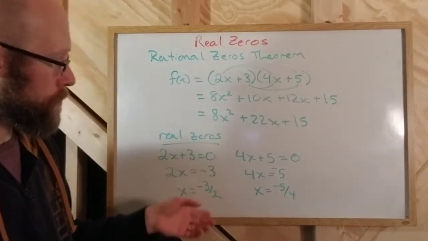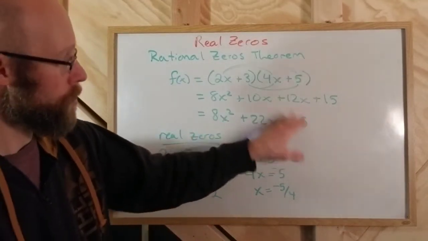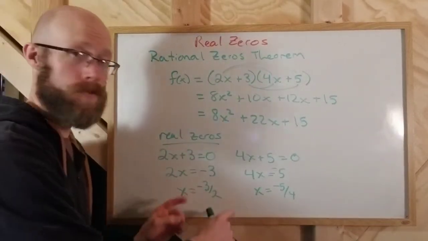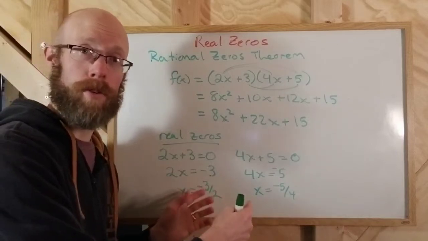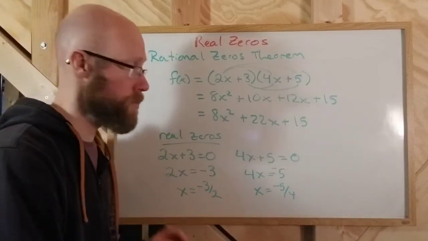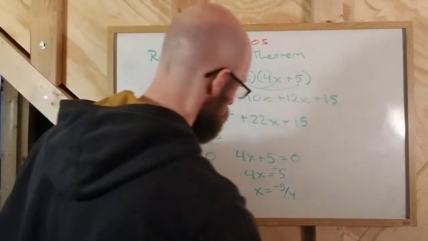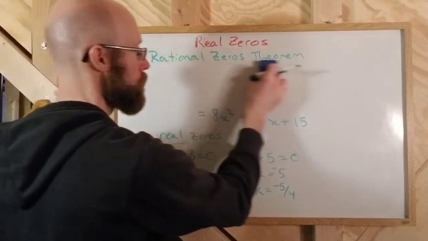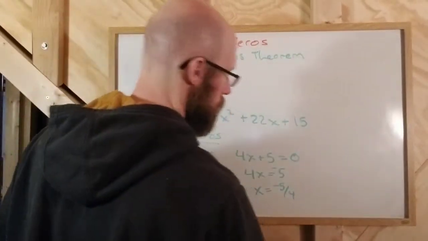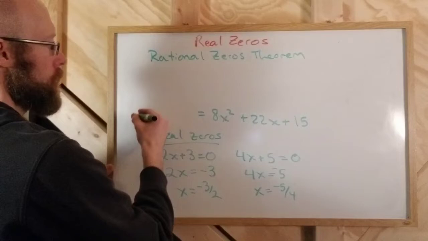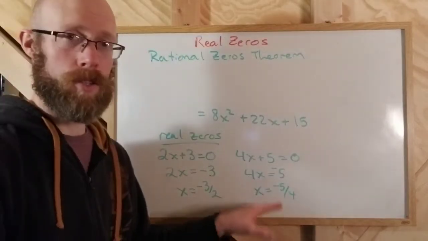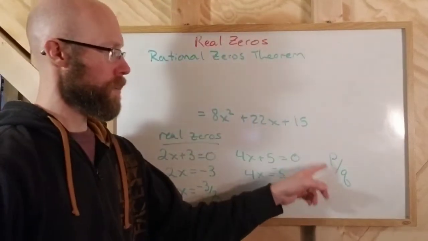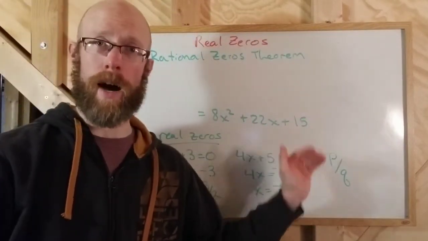In this particular case, if I was given the standard form and I didn't know the factored form, I could find a list of rational numbers that includes these zeros. Let's pretend I don't know the factored form. I'm going to call the rational zeros P over Q, so I have a variable to designate the top and the bottom.